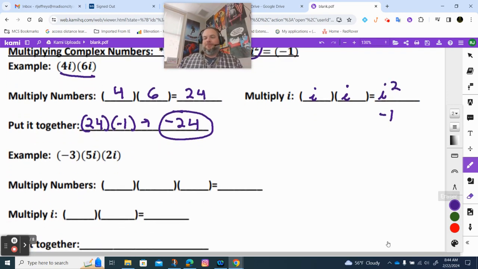Now, let's look at this example. All right, multiply the numbers. -3, 5, and 2. Kind of a neat thing, because the way I have this set up on your paper, that's actually how you would put it in the calculator exactly. This becomes -30.